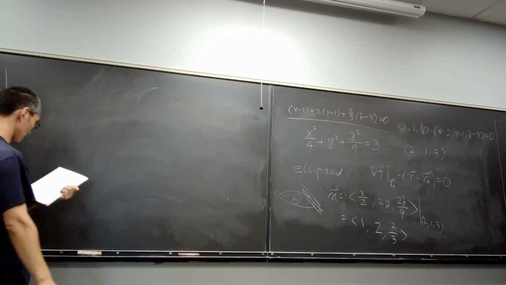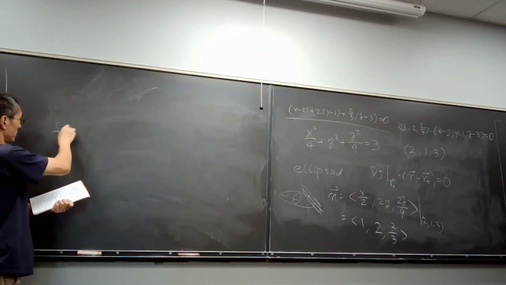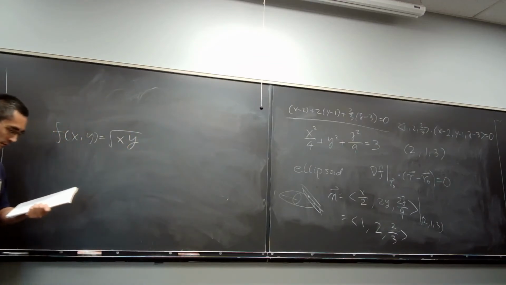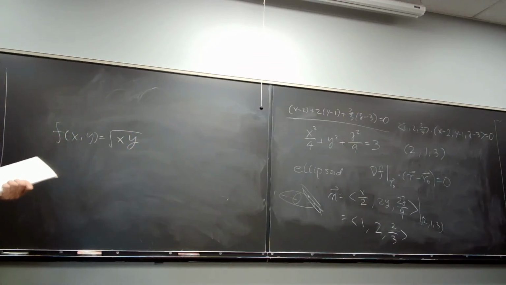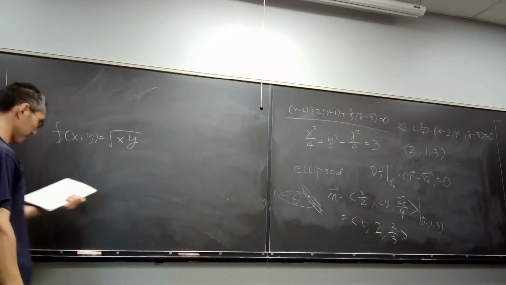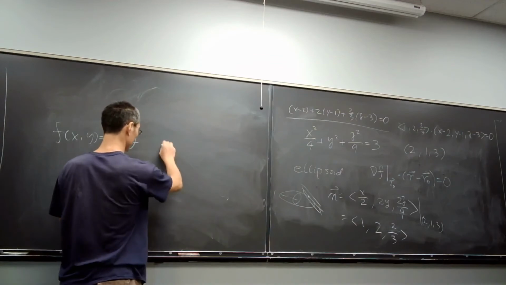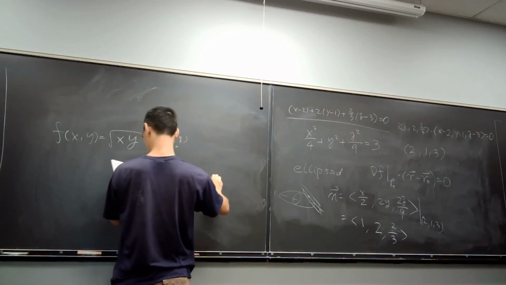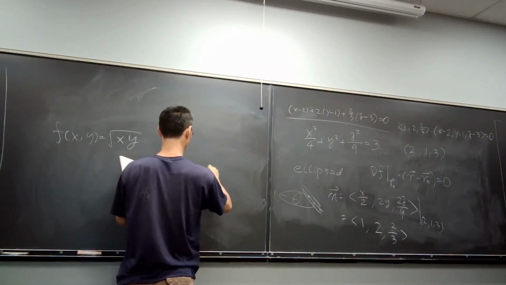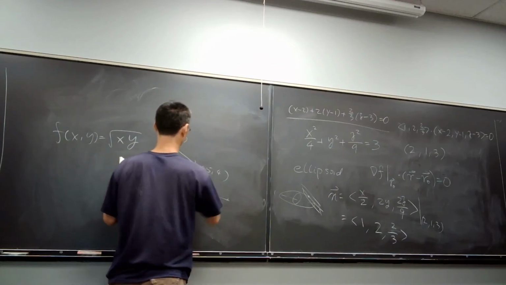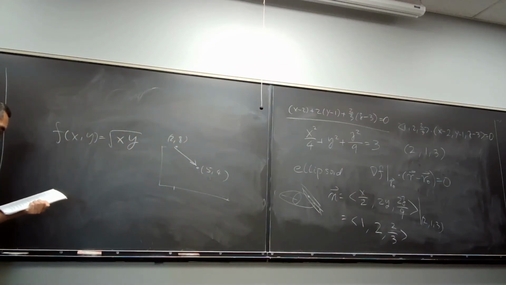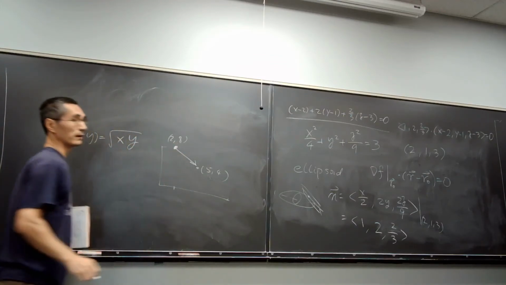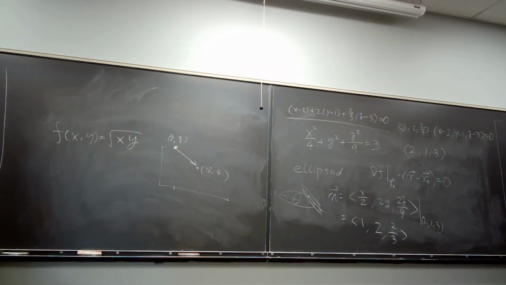Well, here are more examples. You have a two variable function like that, and I give you 2 points, (2, 8) and (5, 4). What is the directional derivative at (2, 8) along this direction?